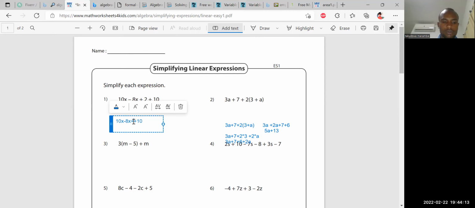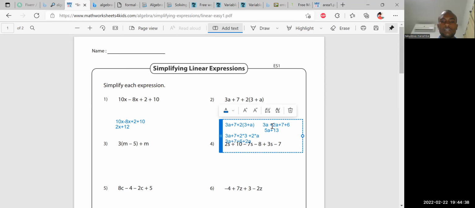Here the terms are already grouped, so you just have to say 10 minus 8, we get 2x, plus 2 plus 10, we get 12. Then our answer will be 2x plus 12. That's all. That will be our answer.